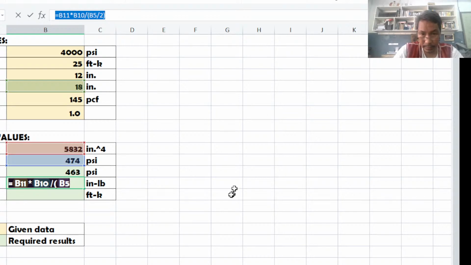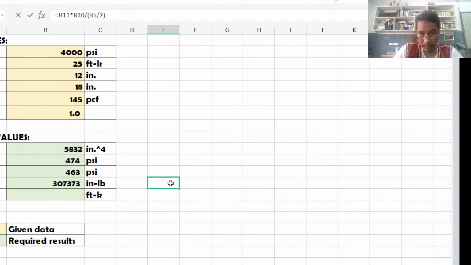Copy, then put it here. For example, B11, B10, B5.